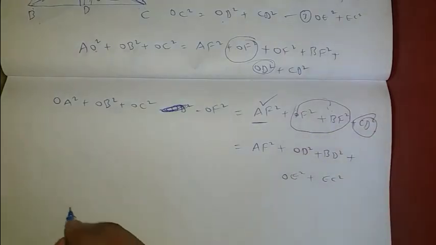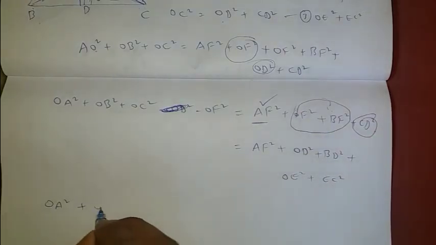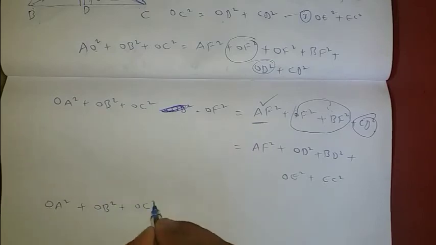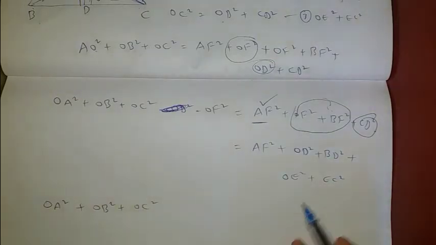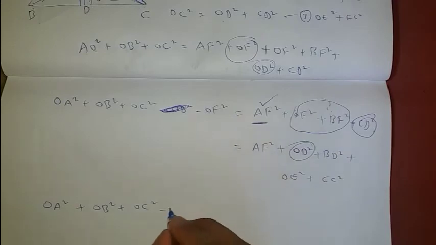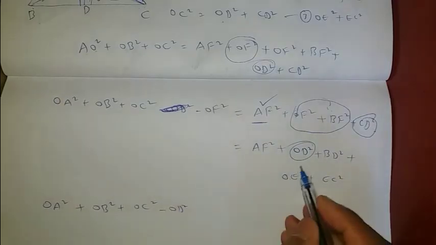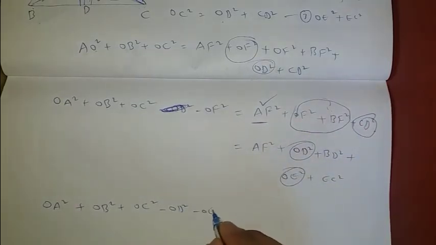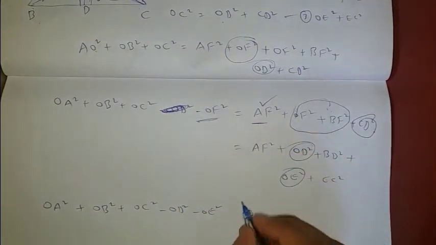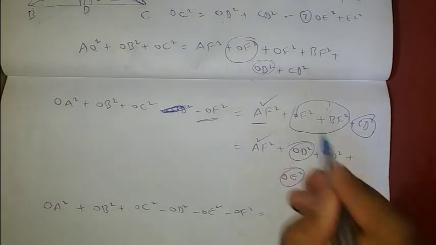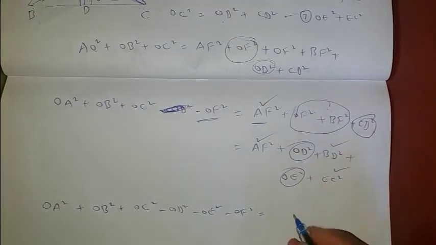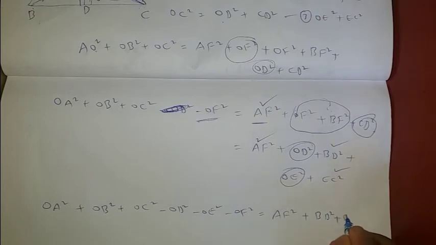Now on the left side, OA square plus OB square plus OC square. This OD square I will take to the left side, it will become minus OD square, and likewise minus OE square, and minus OF square, which is equal to AF square plus BD square plus EC square. Hence the first one is proved.